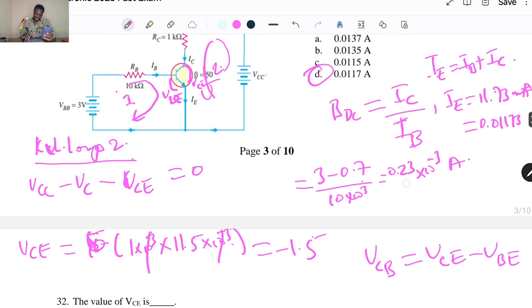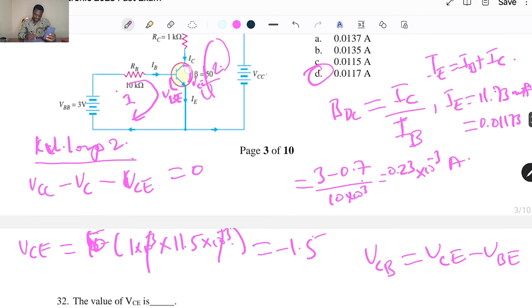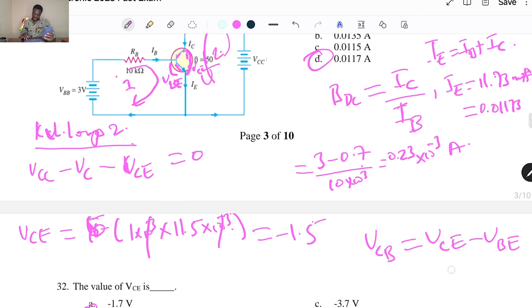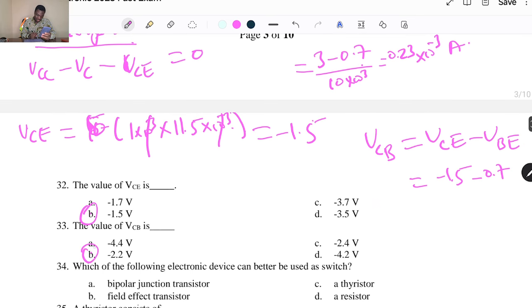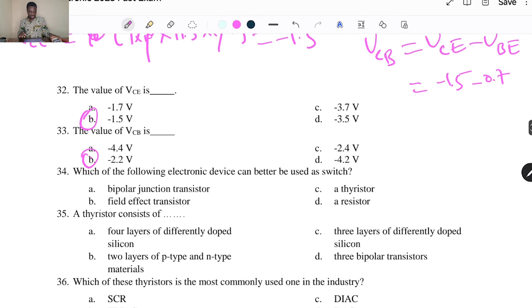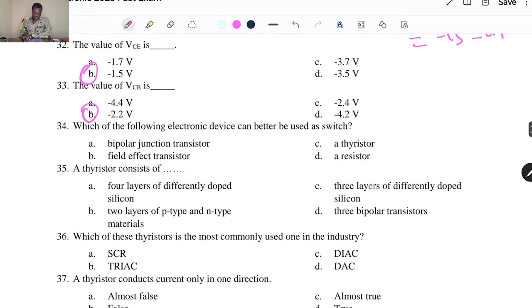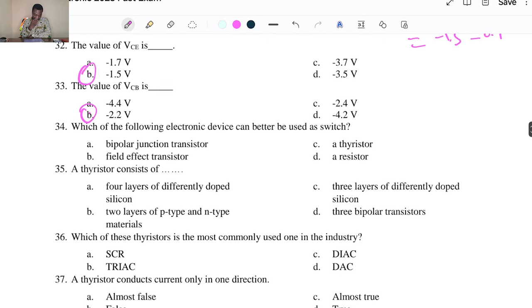So when it comes to VCE, the voltage here is going to be the sum of the voltage here and this voltage. So I can write here minus 0.5 minus 0.75. We get minus 3. So this one also becomes B. Okay, so that is for question 33 as well.